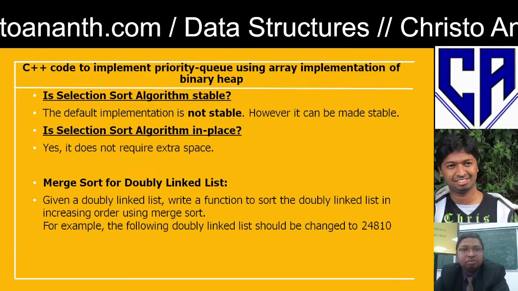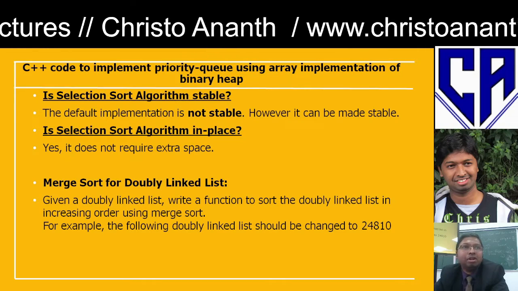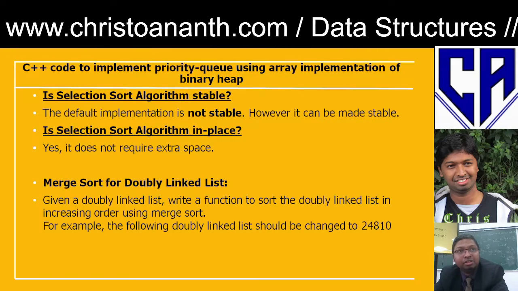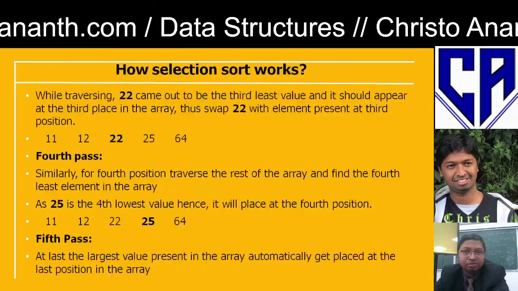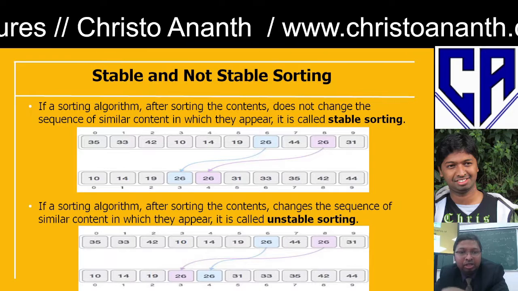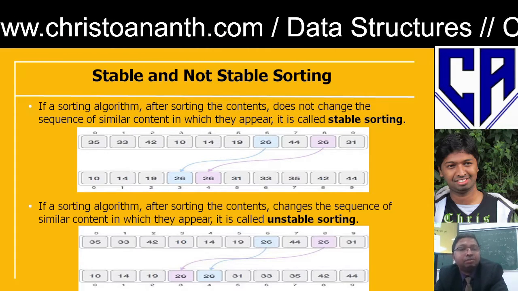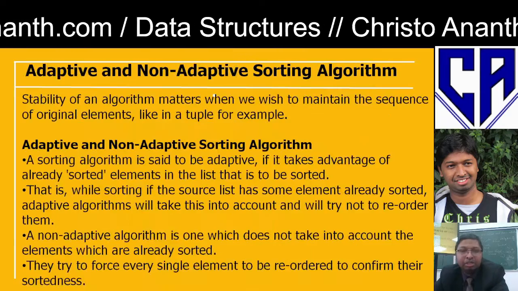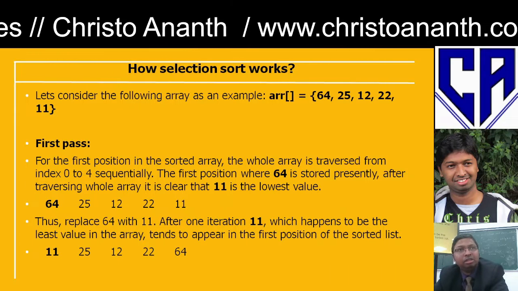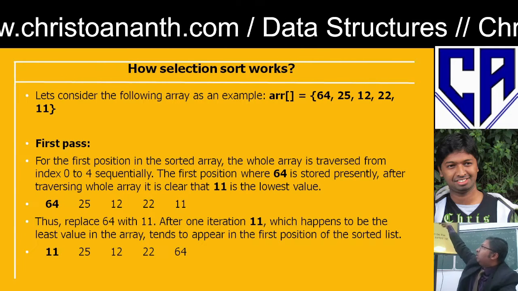Okay. What does it mean, not stable? Not stable means that after sorting the contents, it will change the sequence of the similar content. If you go with the definition of stable sorting, for example, if you take the case of this particular example, even after sorting, the positions change: 64, 25, 12, 22, 11.